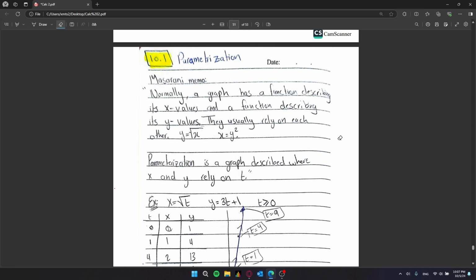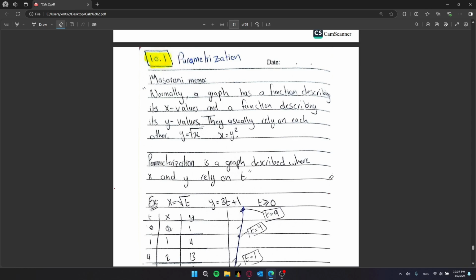With parametrization, you are breaking that gap of y is f of x. You are breaking that gap and saying that y is f of t just as x is f of t. But this bridge does not exist anymore. So they are both connected to a function of t, but not connected to each other.